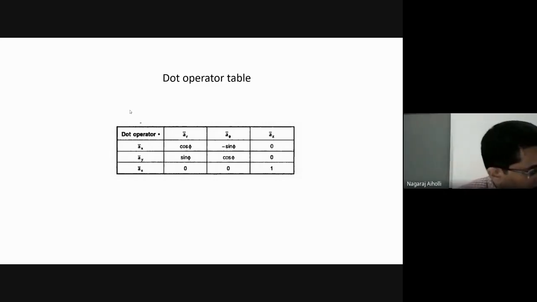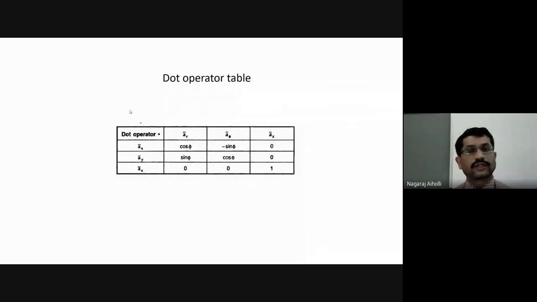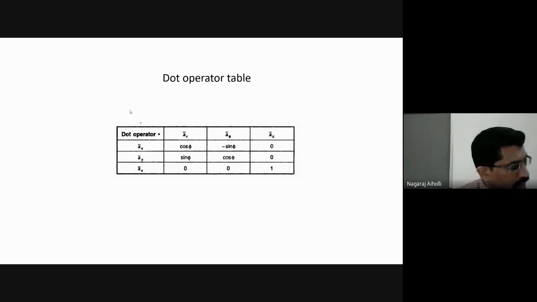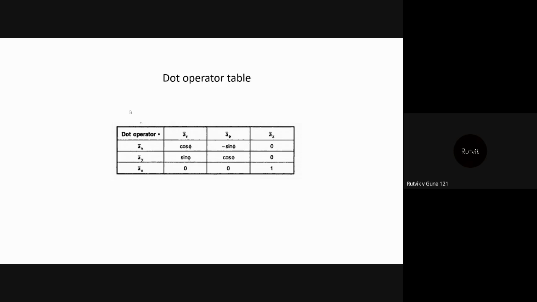Okay. Rohan, Rohan. Sir, doing, sir. Okay. Rutvik, got the answer? Sai Prakash. Sir, doing, sir. How much?